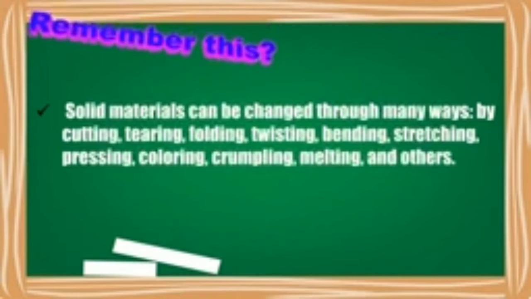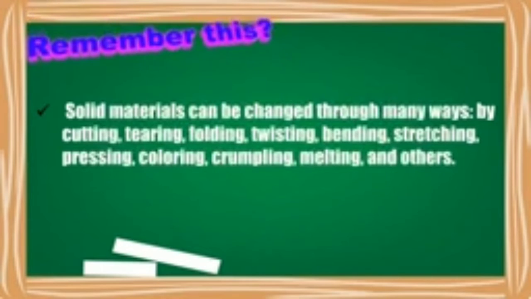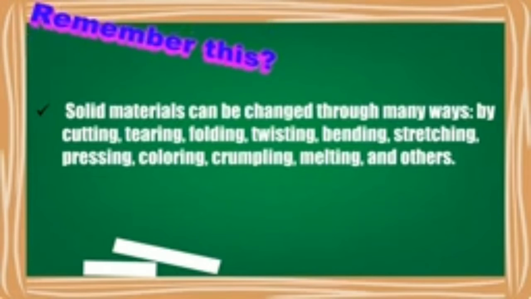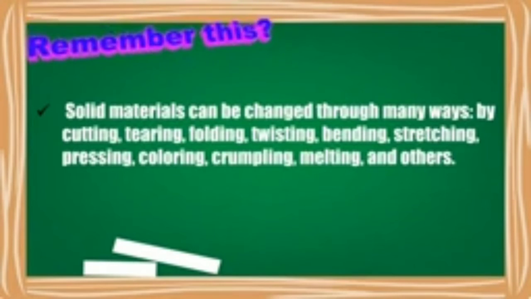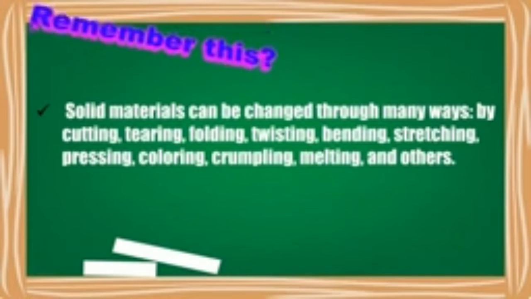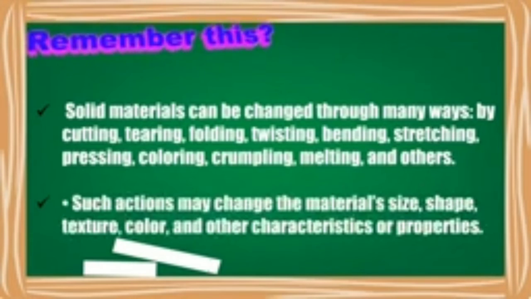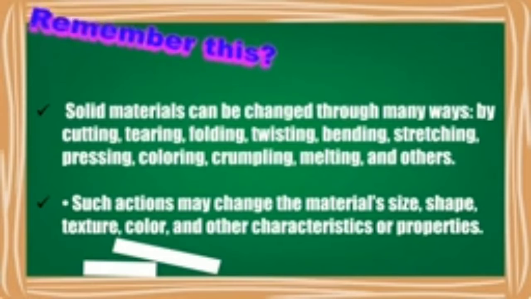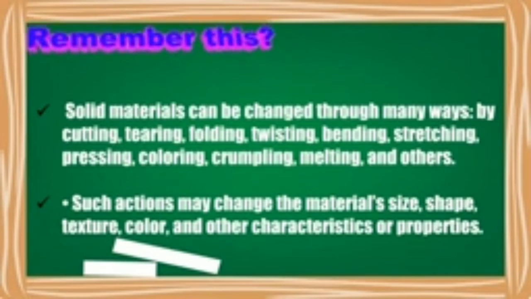Solid materials can be changed in many ways: by cutting, tearing, folding, twisting, bending, stretching, pressing, coloring, crumpling, melting, and others. Such actions may change the material's size, shape, texture, color, and other properties.